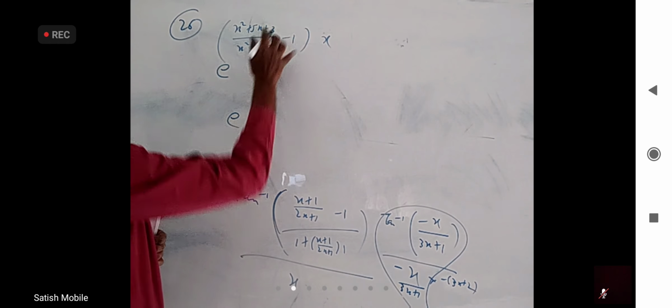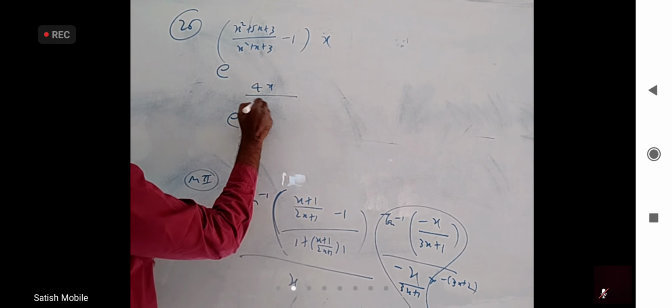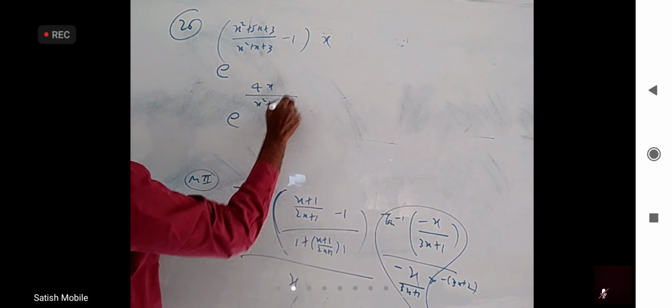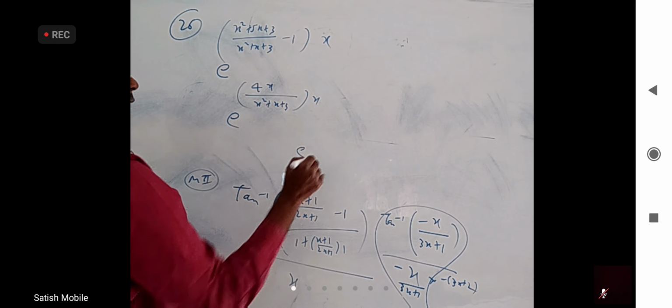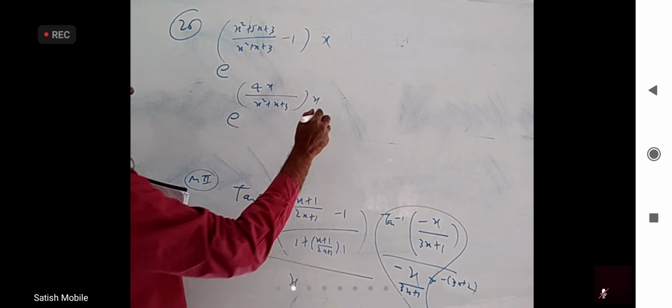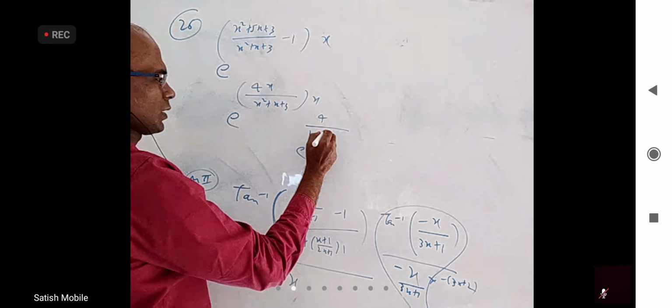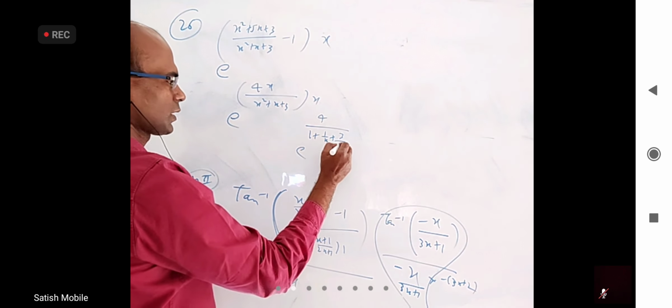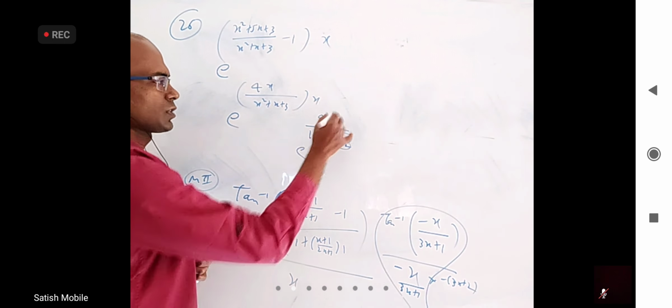When I simplify this, I'll get 4x by (x square plus x plus 3), into x. E power, this will become 4x square divided by x square, will get 4 by 1 plus 1 by x plus 3 by x square. This is 0, this is 0, it will become e power 4.